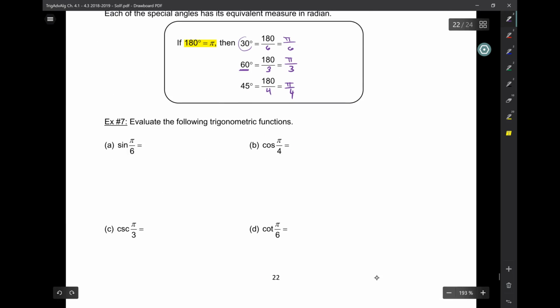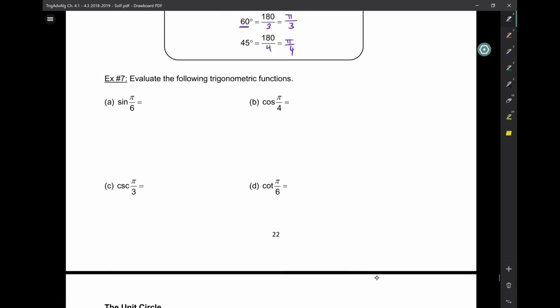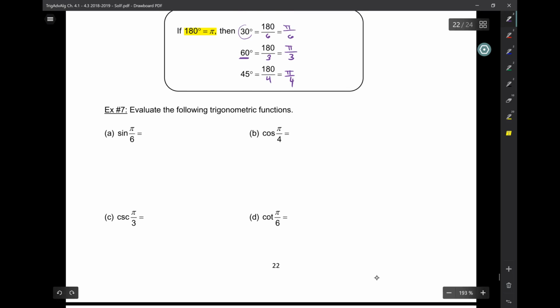So now, take a look at this. We want to evaluate sine of pi over 6. Pi over 6 is which angle, the 30 or the 60? The 30.